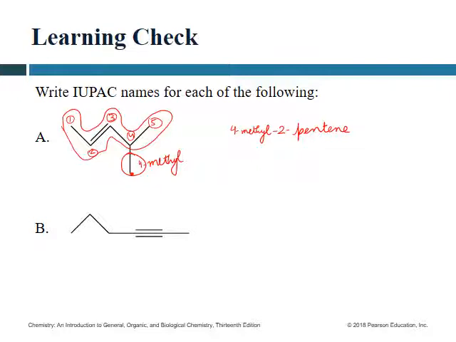Sometimes people also write it as 4-methylpent-2-ene, which is also okay. This is also acceptable.